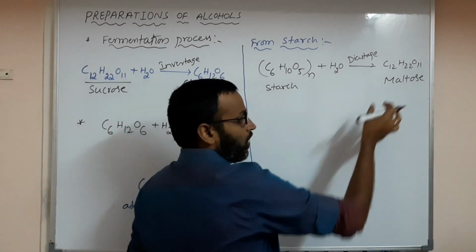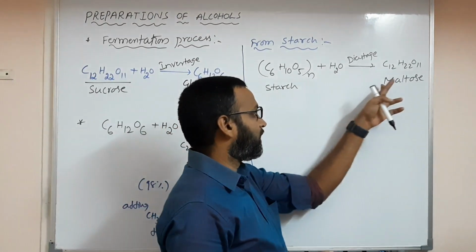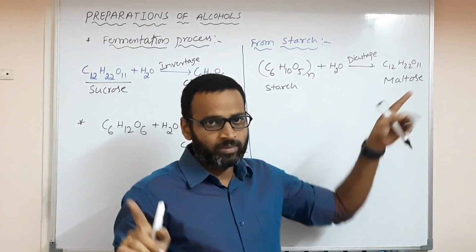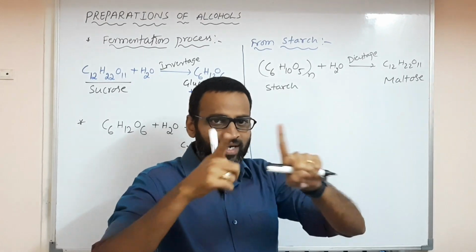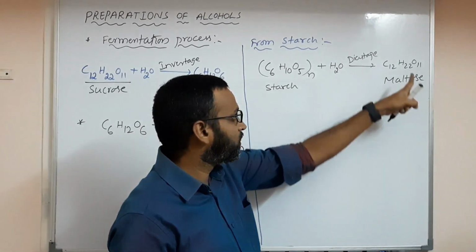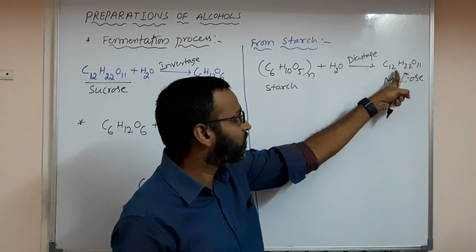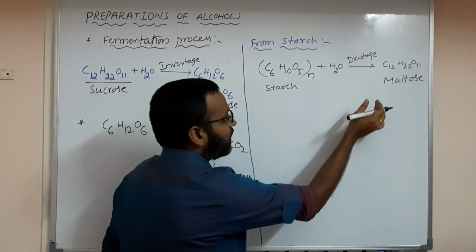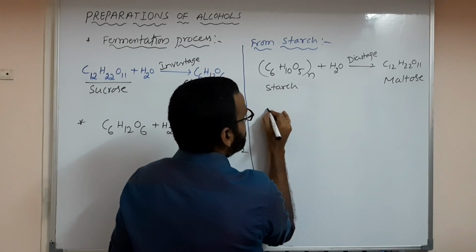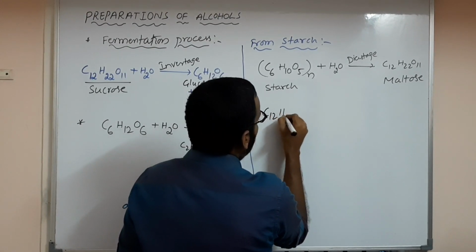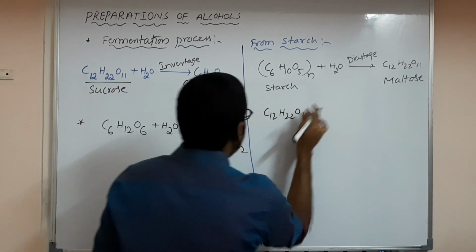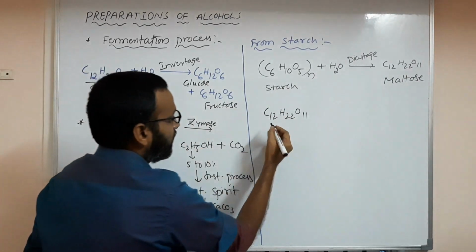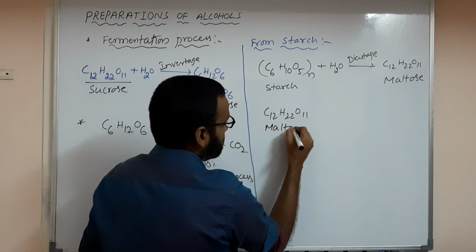But maltose is just a dimer of glucose only. Two glucose units combined by losing a water molecule give C12H22O11. If you see maltose and sucrose, the formula is the same, but the difference I told you. This one we call maltose.